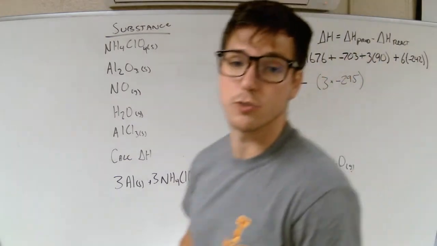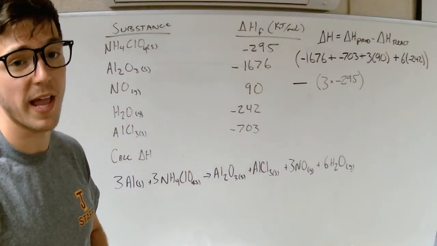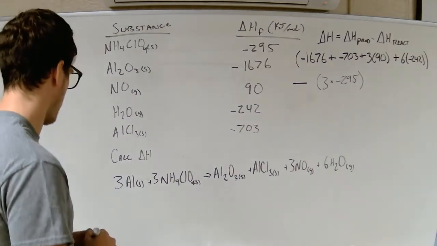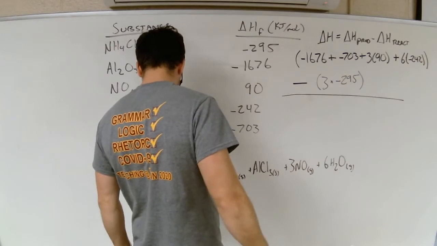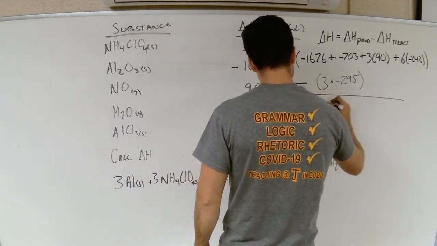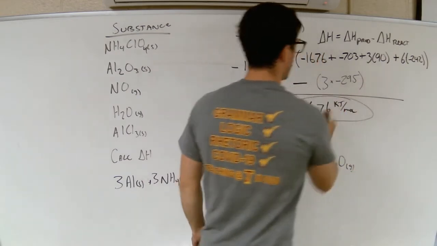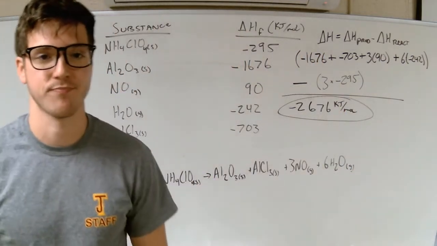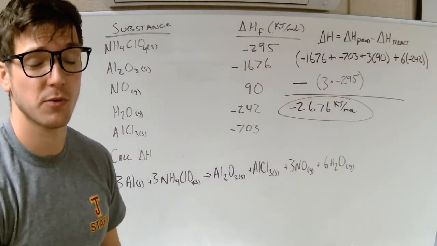Now we have all of our products on top, minus all our reactant enthalpies. We go ahead and solve for that, and we should get an answer of negative 2,676 kilojoules per mole. Then I might ask you, is this exothermic or endothermic?